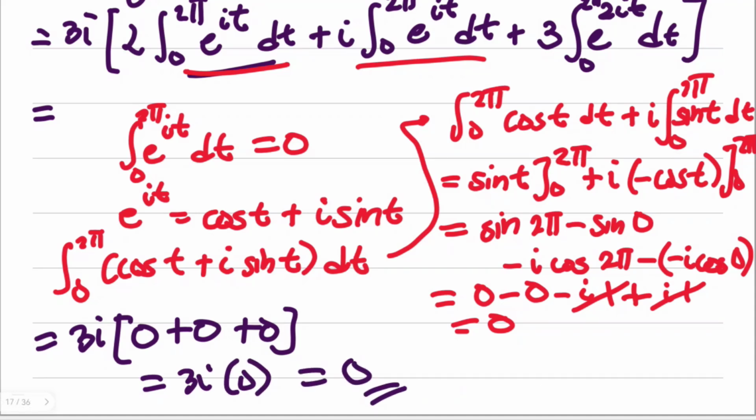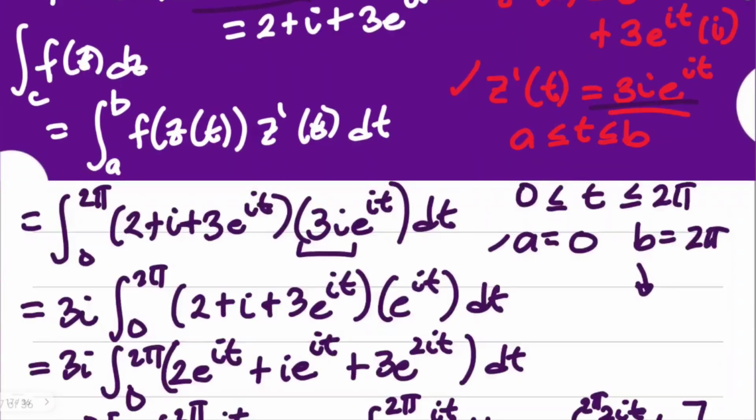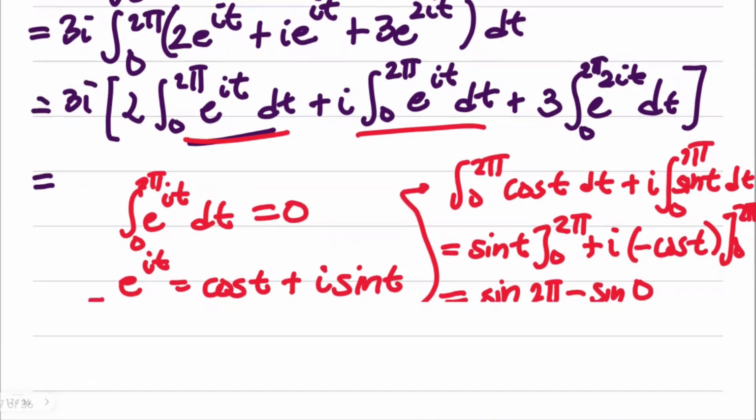Now, surprisingly, the integral of the given function f of z equal to z around the circle centered at 2 plus i with radius of 3 is 0 after all of these processes. We used the parameterization of our circular path, centered not at the origin, with radius of 3, and we applied all of the strategies that we have learned.